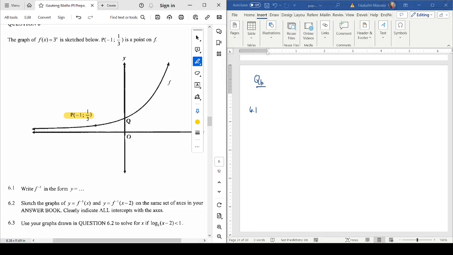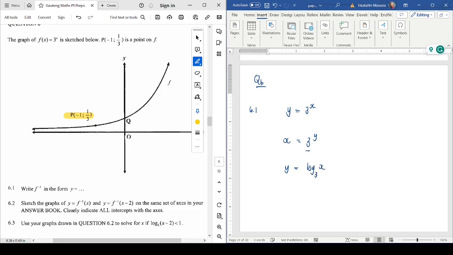Write the inverse of f in the form y is equal to blah, blah, blah. So initially we have y is equal to 3 to the power x. And whenever we write the inverse, we need to swap the x and the y, and then write this in terms of y. So y in this case would be equal to log base 3 x.